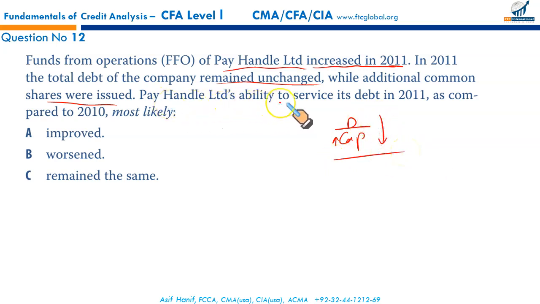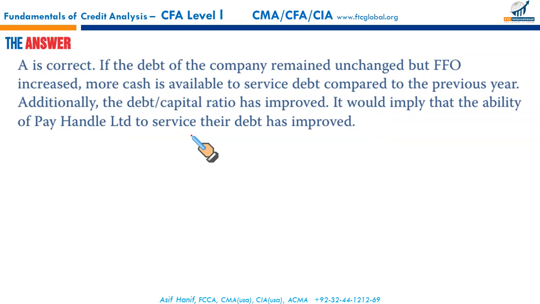Pay Handle Limited's ability to service its debt in 2011 as compared to 2010 most likely has improved. Why? Because debt has stayed the same and the company has issued more shares. Resultantly, overall debt to capital has fallen. So the firm's ability to service its debt has improved over the period. So without any doubt, we can say A is our right option.